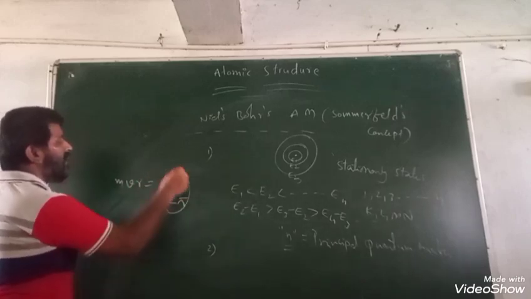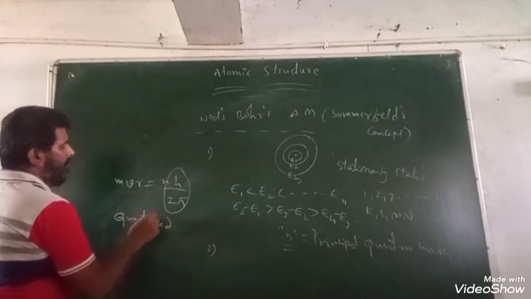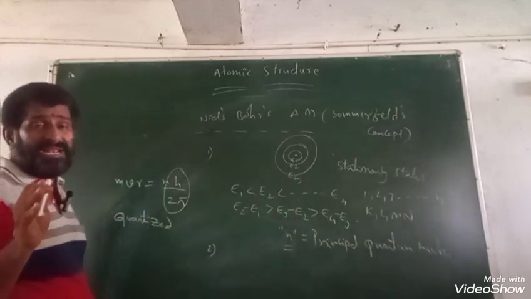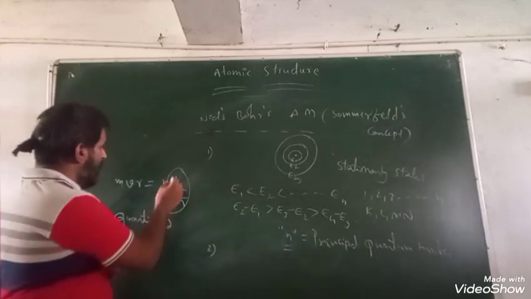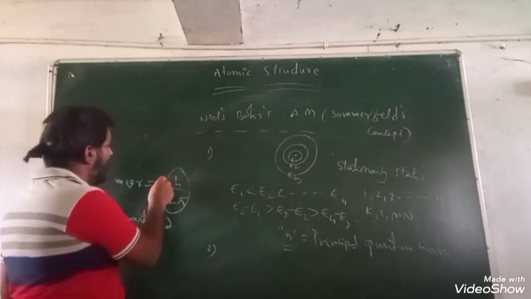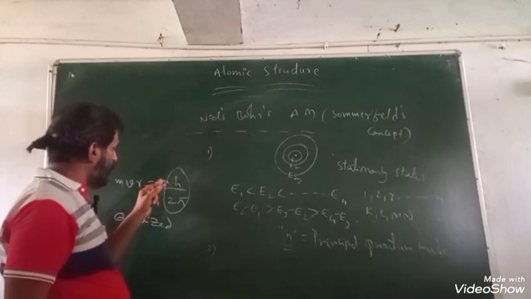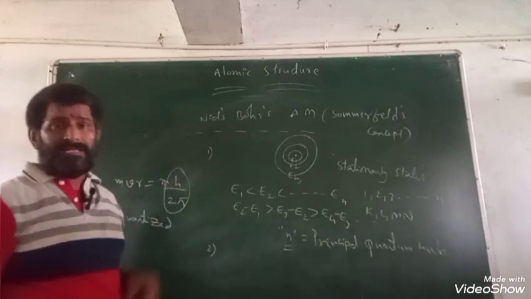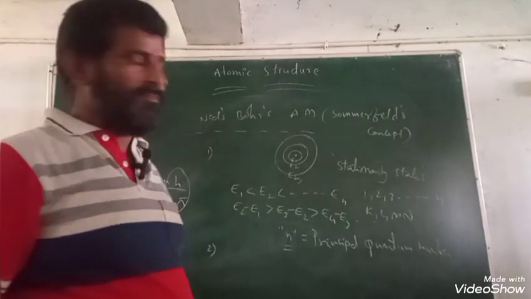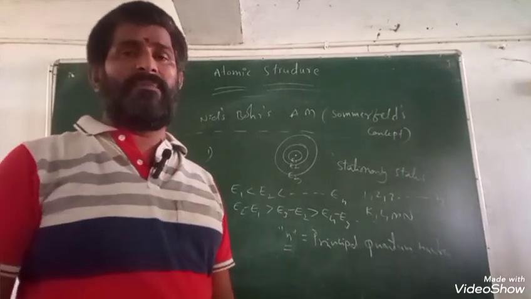Quantized means any physical quantity having values in integral multiples of a constant. Here h by 2 pi is the constant, so its values lie in integral multiples of this: n equals 1, h by 2 pi; 2h by 2 pi; 3h by 2 pi, like that. Integral values of h by 2 pi, he said, for the angular momentum.